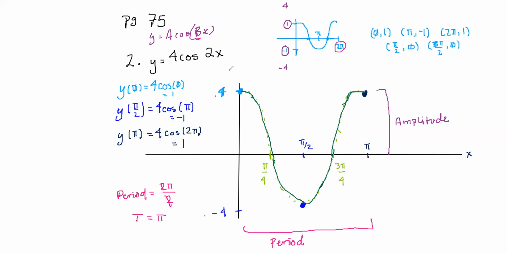So you can see how a generic cosine graph gets altered by these numbers. So we bump up the amplitude, and the period is, as we would say, inversely proportional to b. So if b gets big, then our period gets smaller.